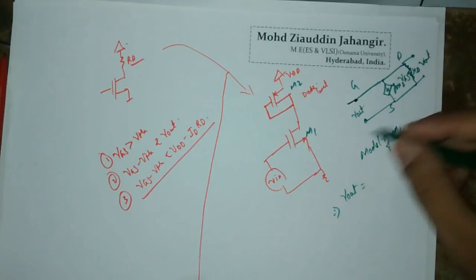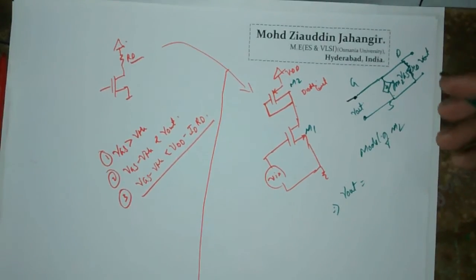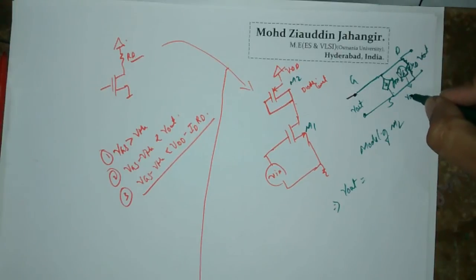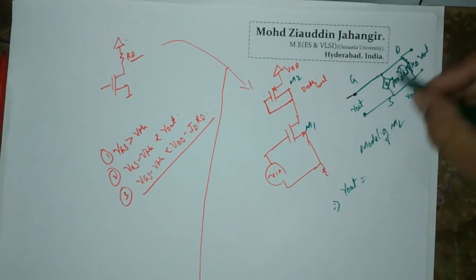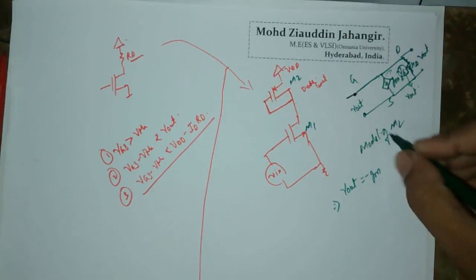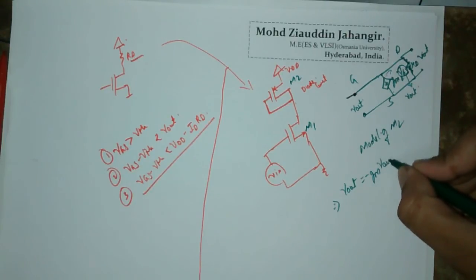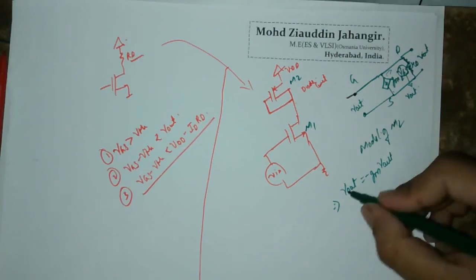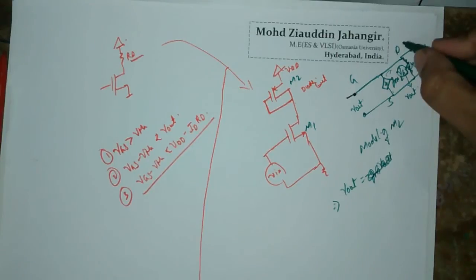Let us calculate what your Vout is. So this GM VGS gets replaced by GM into Vout. If you assume this current to be flowing in this direction through this resistor, you are going to get the Vout, that is minus GM into Vout. Okay, let us assume that there is a current Ix flowing through this output node.